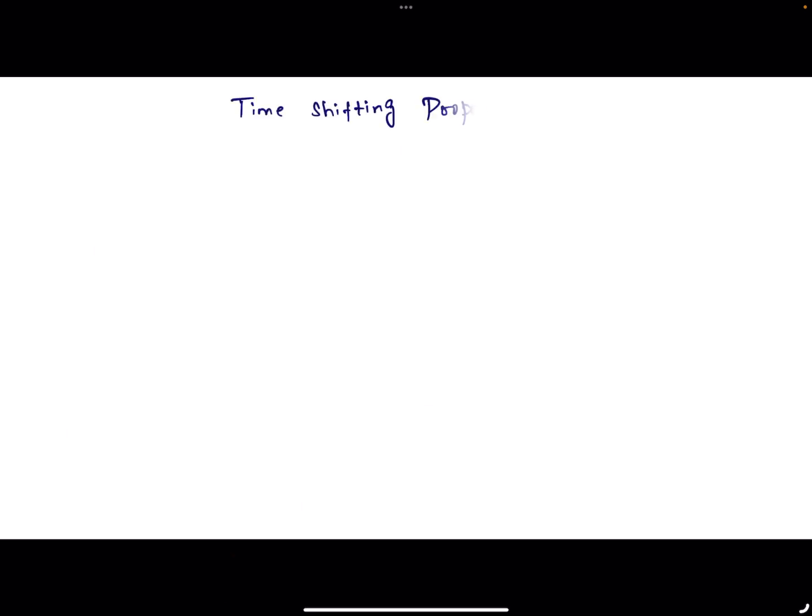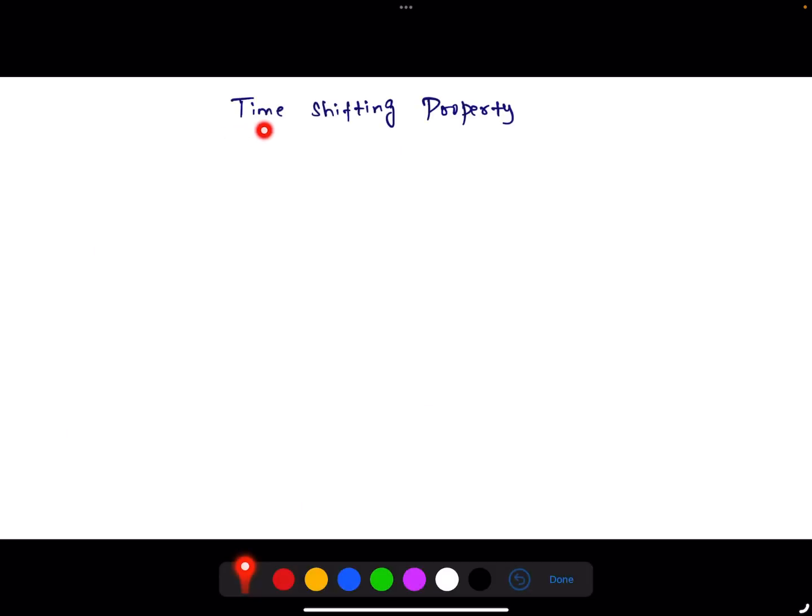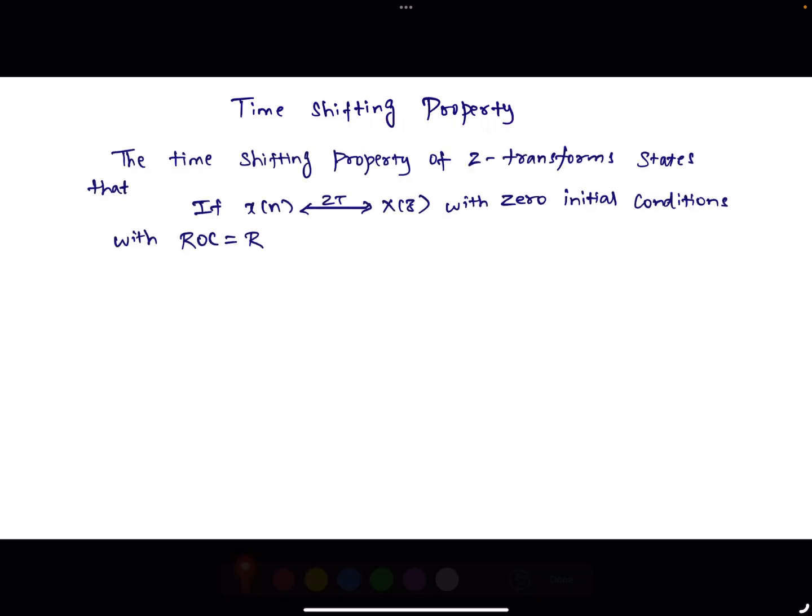So we will go with the next property, the time shifting property. What does it state?